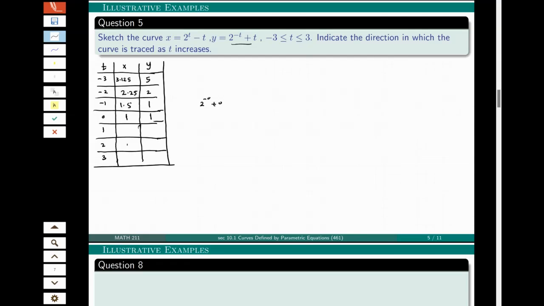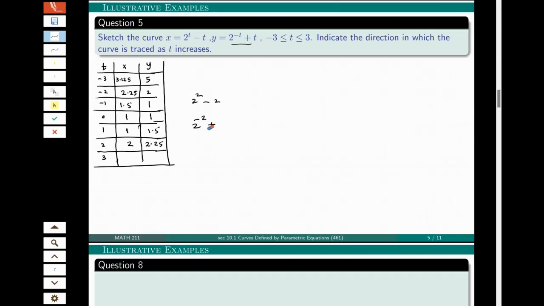Now if I substitute 1, I'll get 2 raised to the power 1 minus 1, which is 1, and 2 raised to the power minus 1 plus 1, which is 1.5. Then if I substitute 2, I'll get 2 raised to the power 2 minus 2, which is 2, and 2 raised to the power minus 2 plus 2, which is 2.25.